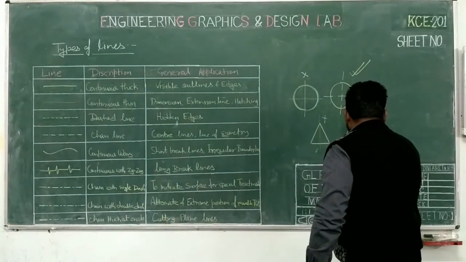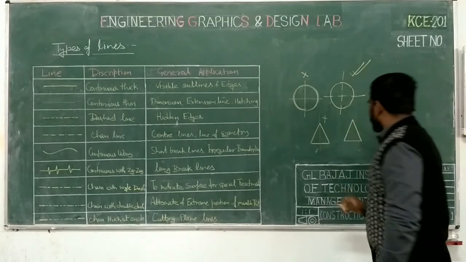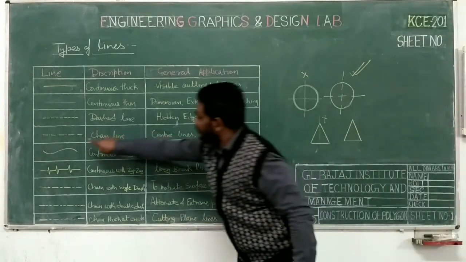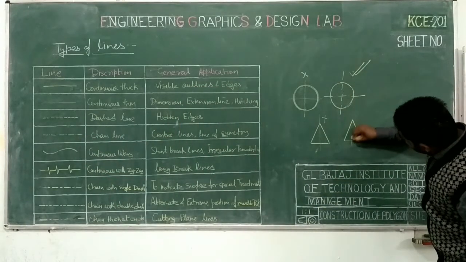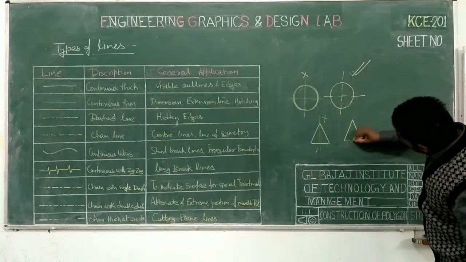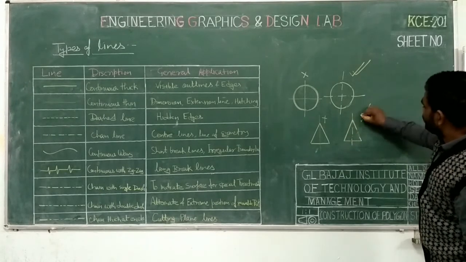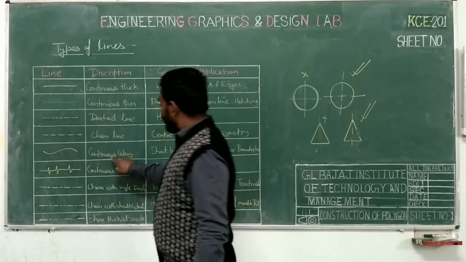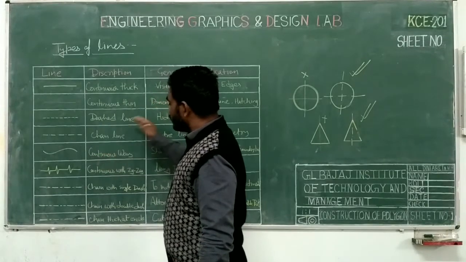So if you want to indicate the symmetry of the object and want to draw a line from the center, we will use this type of line, this chain line. So in this case, this will be correct.